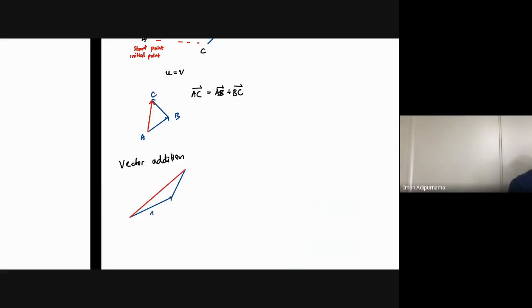So if you have, this is U, this is V, this is U plus V, this arrow like that.